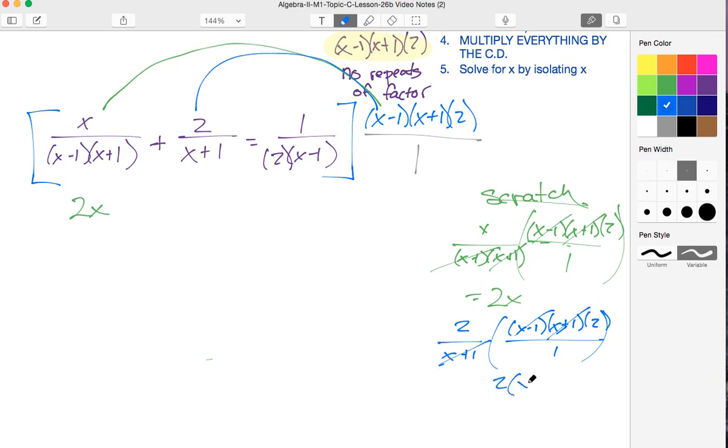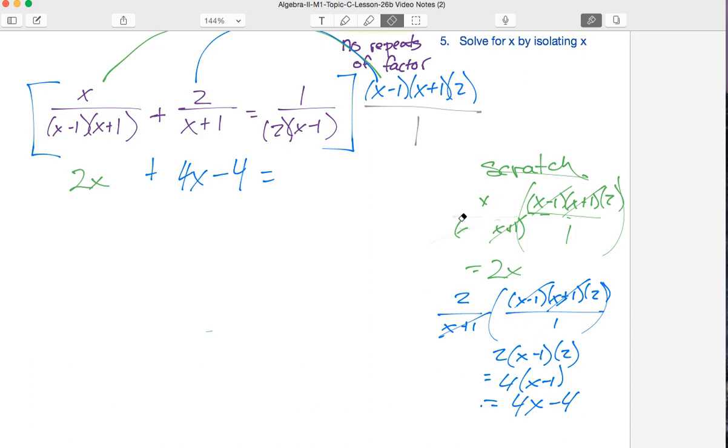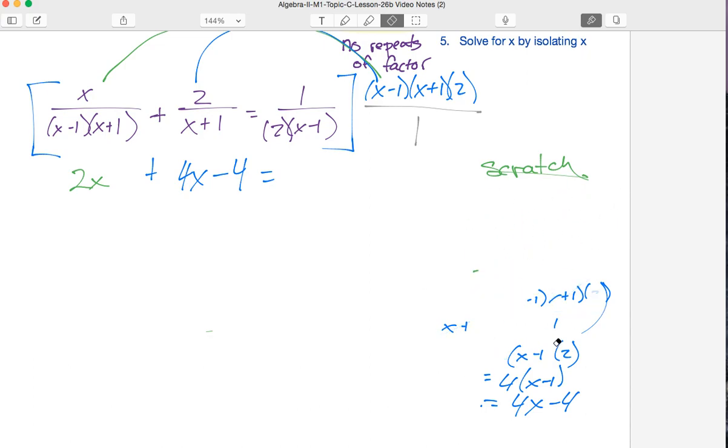So I'm left with 2 times x minus 1 times 2, which is 4 times x minus 1, which is 4x minus 4. Great. So plus 4x minus 4. I'm just going to erase this because it's my scratch work. I can do what I want with it. It's not my nice side of my paper.